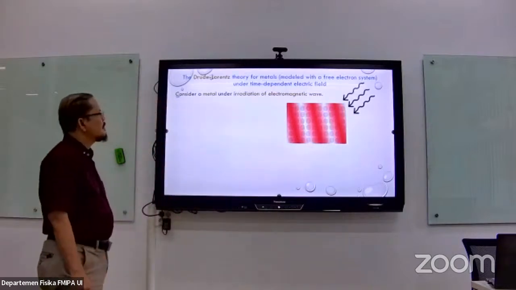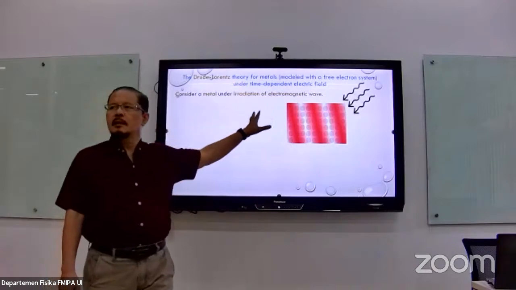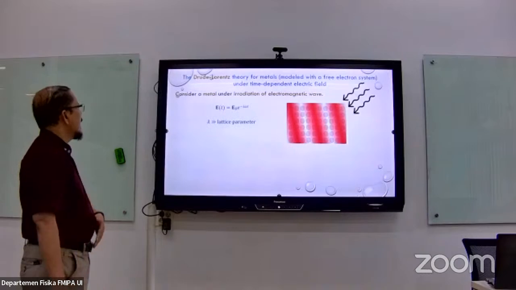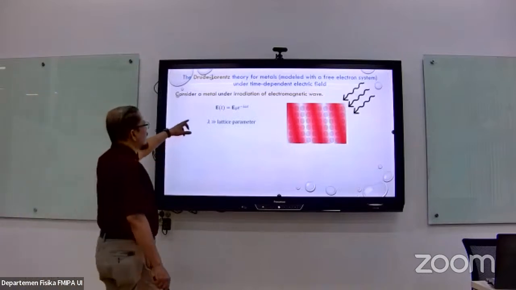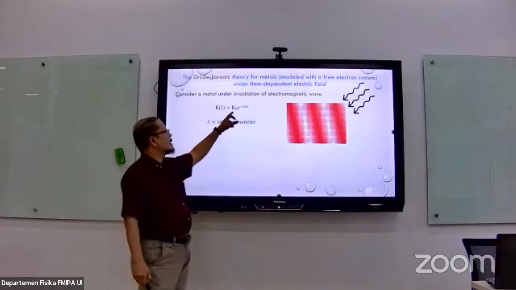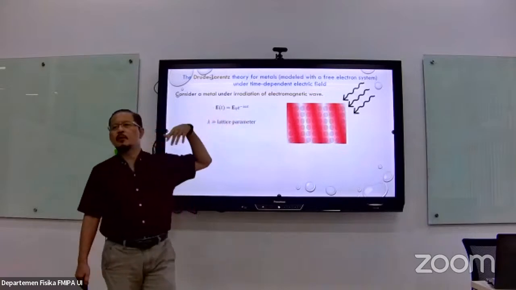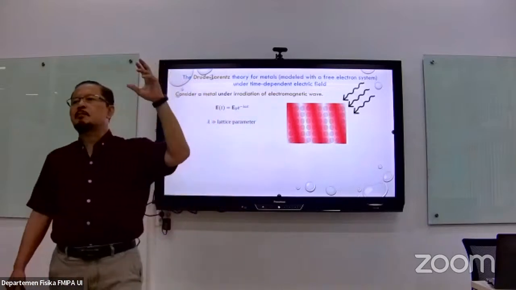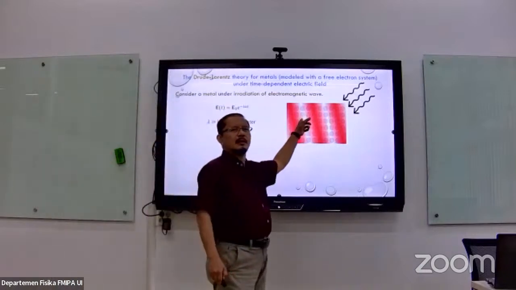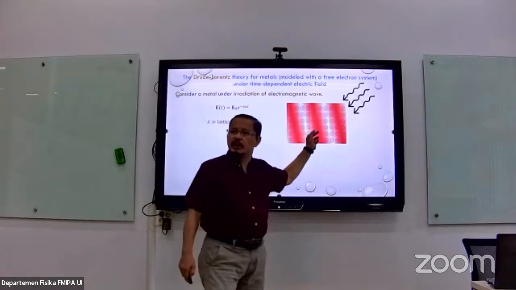Imagine that this metal is under irradiation of an electromagnetic wave like that, and the electric field carried by the electromagnetic wave has the time dependence that goes like this. You don't need to worry about spatial dependence, because what we are focusing on is the local area in the material.